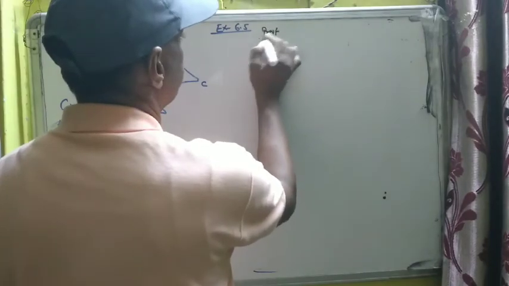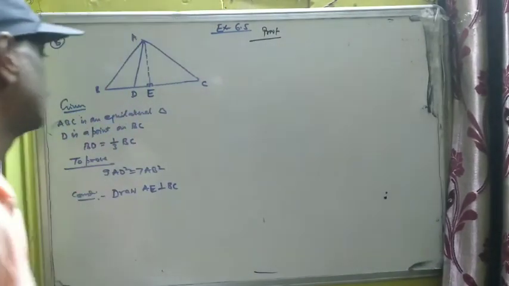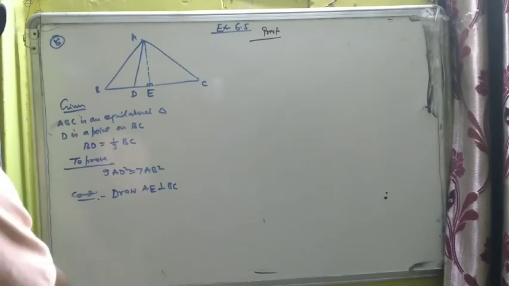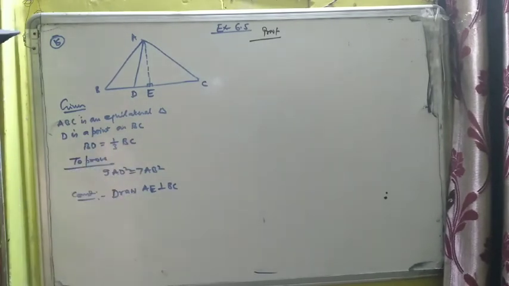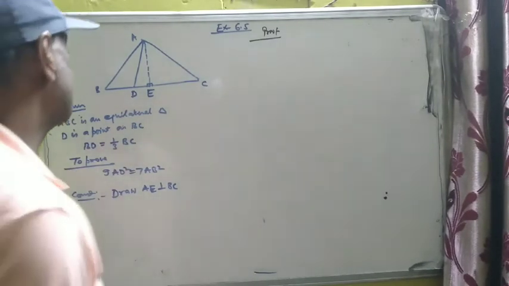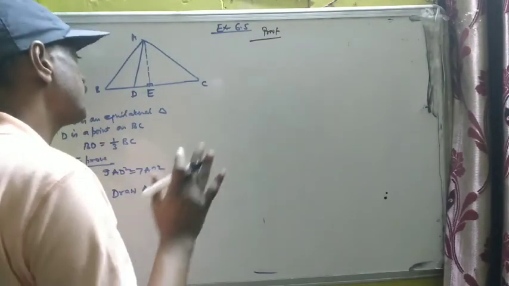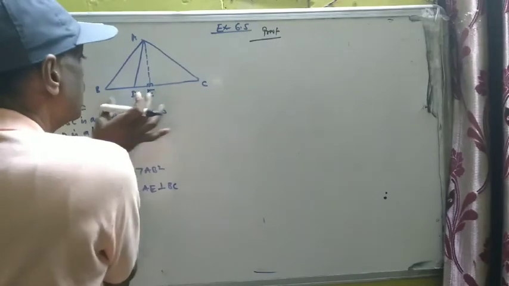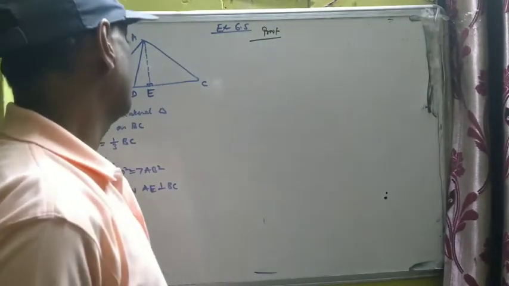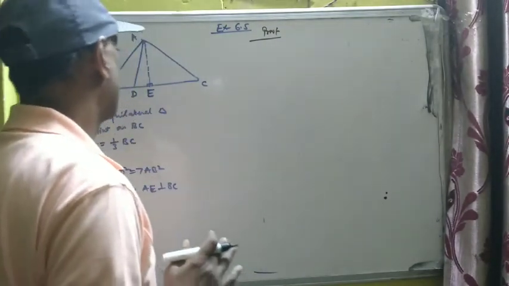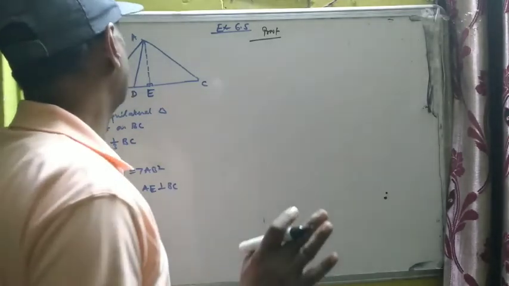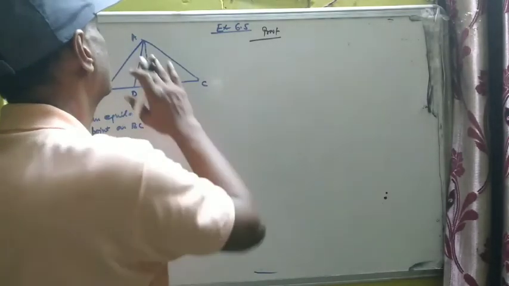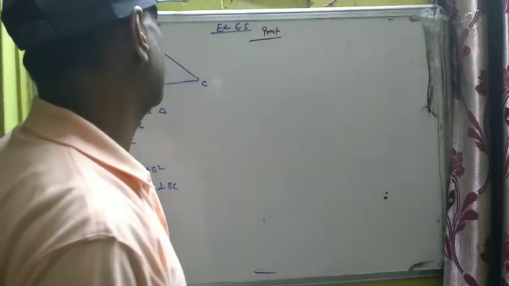Proof. It is given in the question that BD equal to 1/3 BC. Our first work is that we will make B and C equal, and to make it equal we can do it by the theorem, and we can also do it by using the congruency rule.